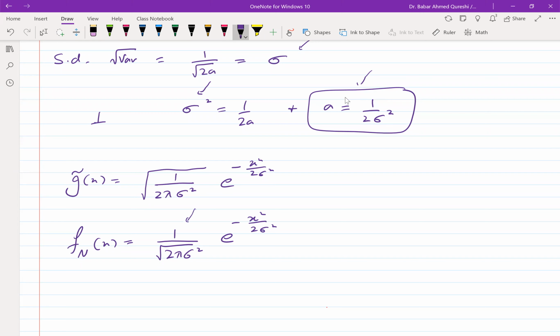This factor is there to make the area 1. When it's written in this form, x squared over 2 sigma squared, then this sigma is the standard deviation. But if it's written some other way, then you know that you have to put b equals 1 over 2 sigma squared to find the standard deviation. Then this sigma would just be the standard deviation.